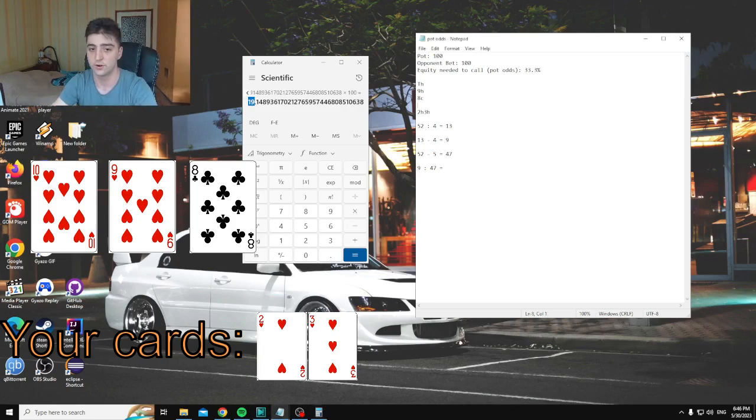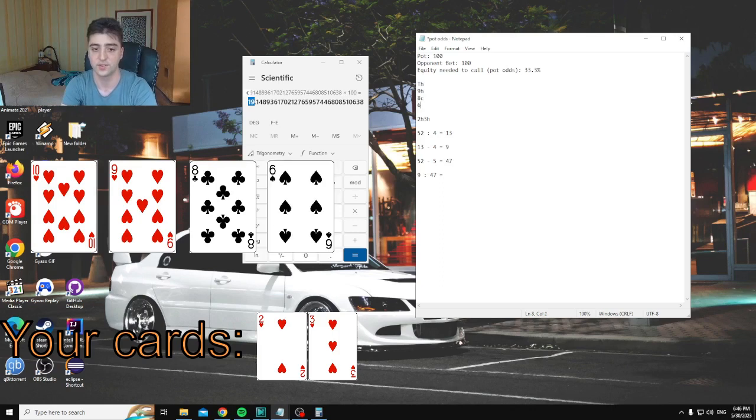So if the turn is, let's say, the 6 of spades, well, now we calculate here the 19.1%. Now you have 9 more cards left that you need to divide by 46 cards remaining, because the 6 of spades is already down. So 46 cards remaining means you're gonna have to divide 9 by 46 and then multiply by 100 to get the percent. 19.5%.